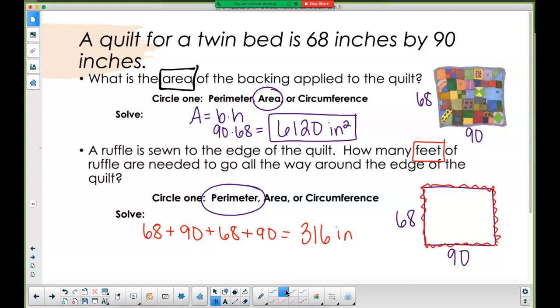So we're going to take 316 divided by 12, and you get 26.3 feet. Okay. So to have enough to make it all the way around the edge of the quilt, we need 26.3 feet. Questions there?